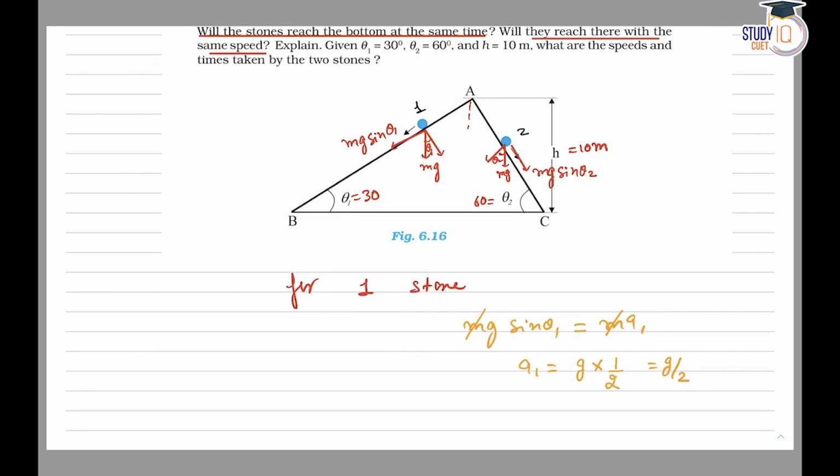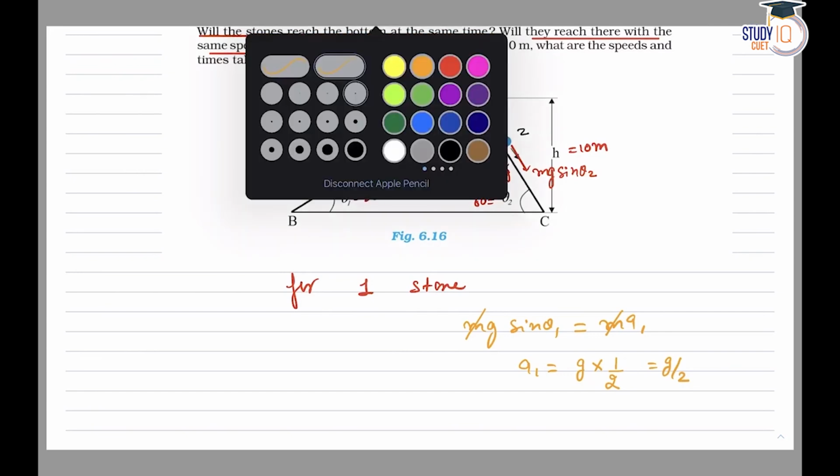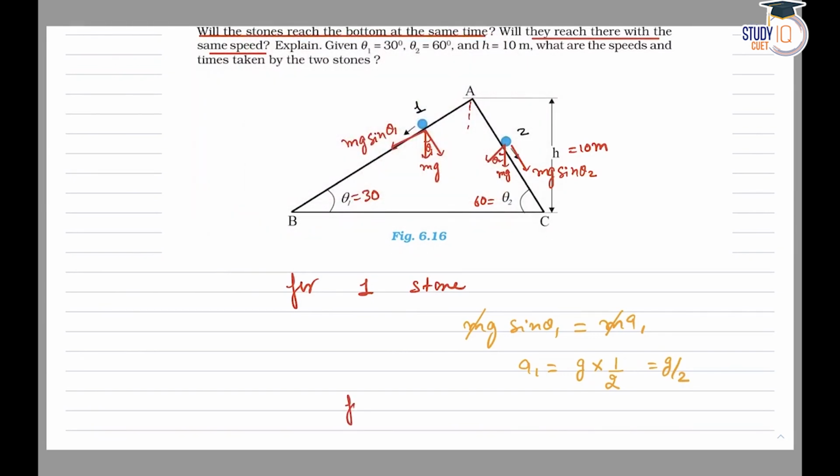Now moving to the next one, for stone 2. For the second stone, the net force acting on the stone is mg sin theta2, and the value of theta2 is 60 degrees.